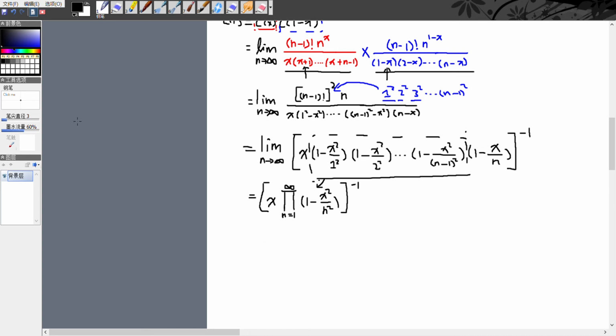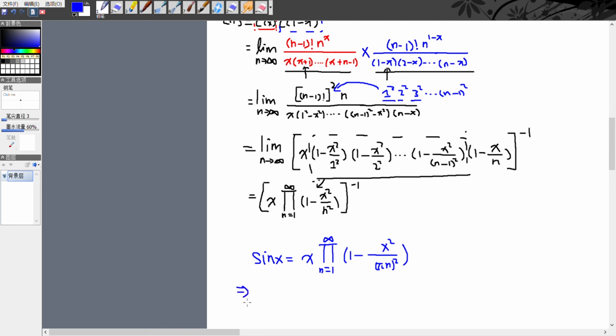So the Weierstrass said that sine x is equal to x times the product from n equals 1 to infinity of 1 minus pi squared n squared divided by x squared.